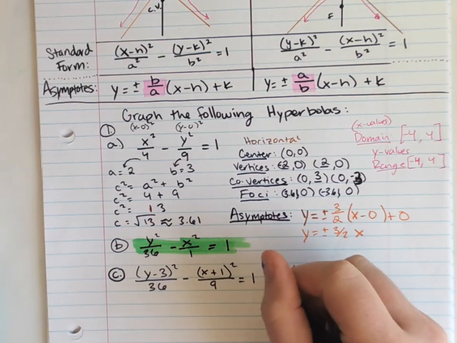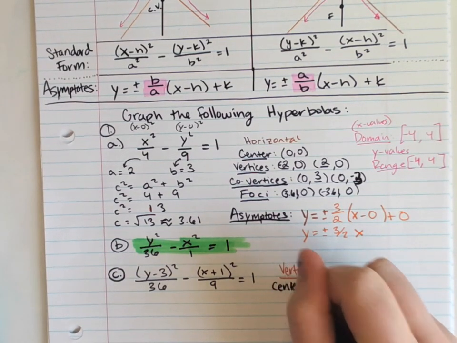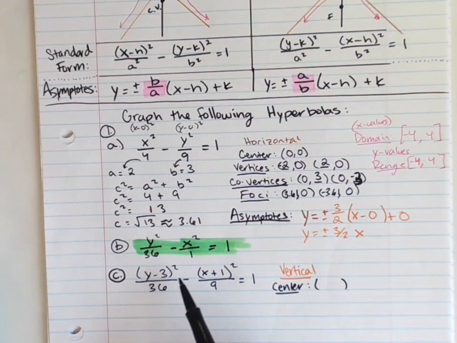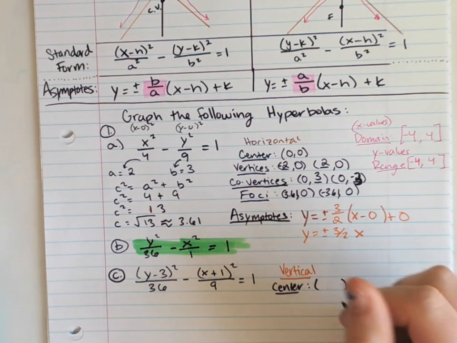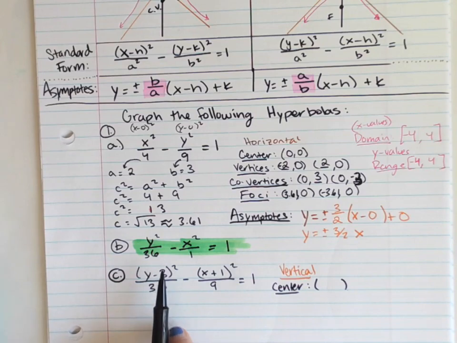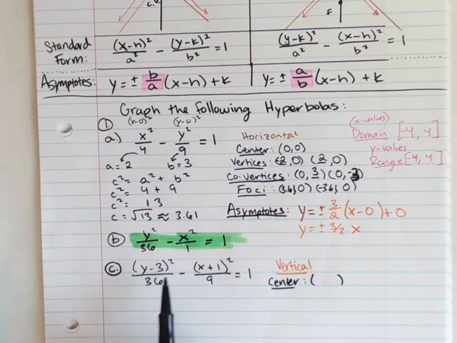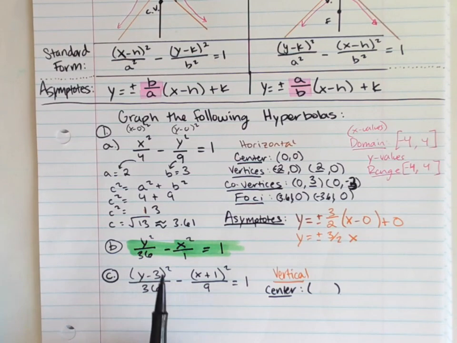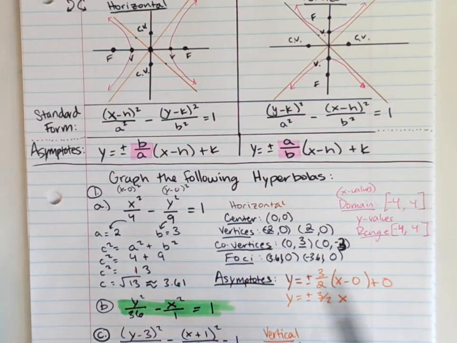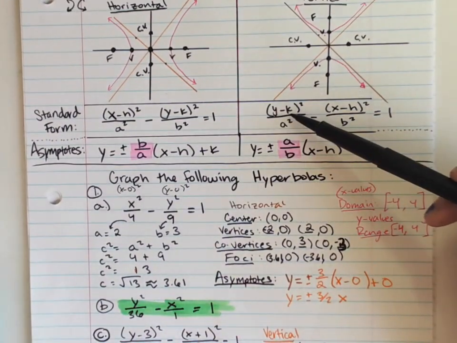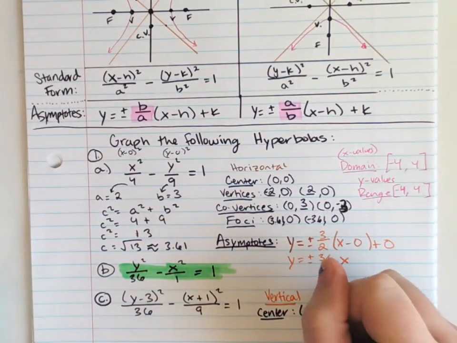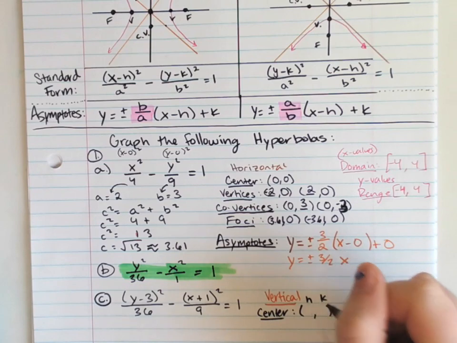Let's talk about our center, our h, k, which is going to be changing the signs of both of these. So this is going to be 3, ooh, I just made a mistake. You would think it's going to be 3, -1, but we have to attach it with the y's and x's. So if it's vertical, the k is next to the y. So this is h comma k.